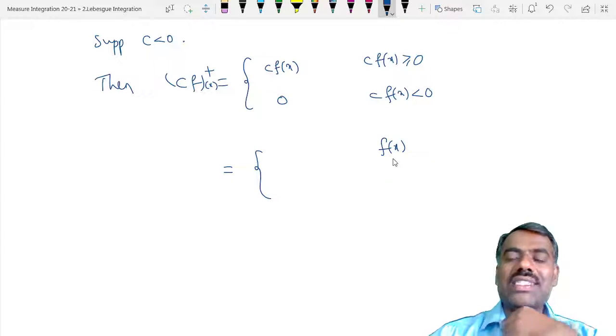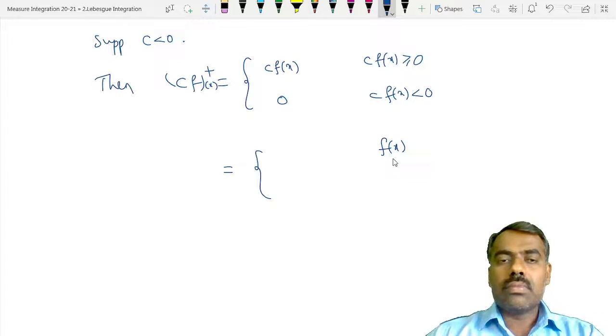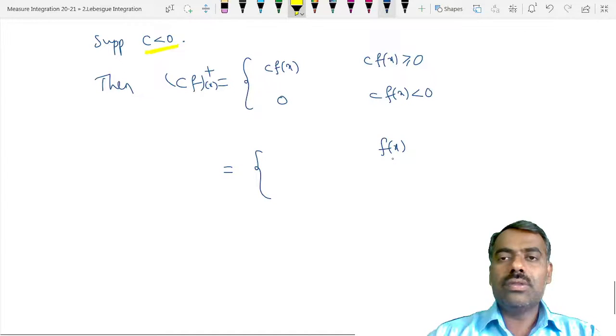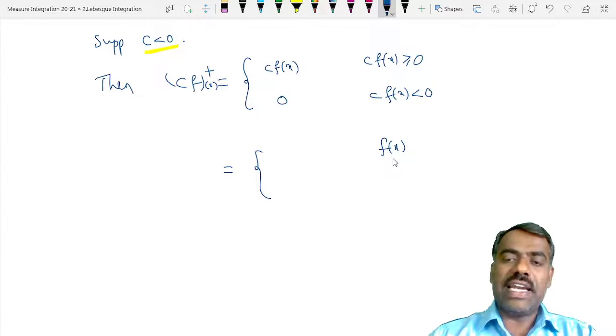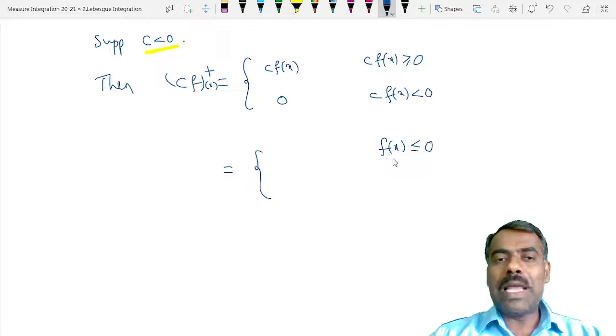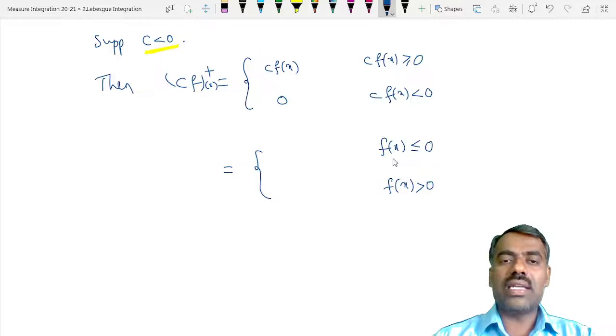If I send c to this side, what will this inequality become? Because your c is less than 0, if you take this c this side, what do you get? f of x is less than or equal to 0, yes or no? Yes, because we are multiplying by a negative value, the inequality will change, and this will become f of x greater than 0. Are you following?